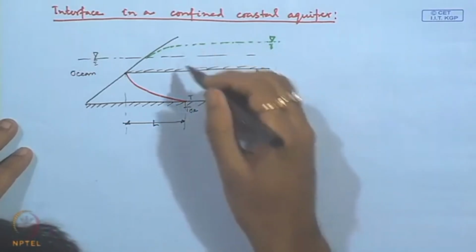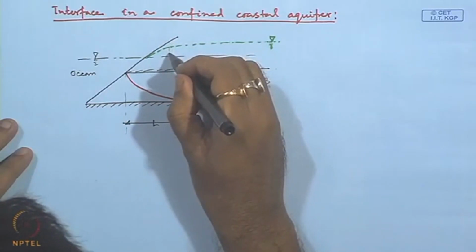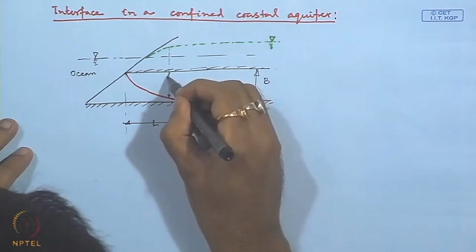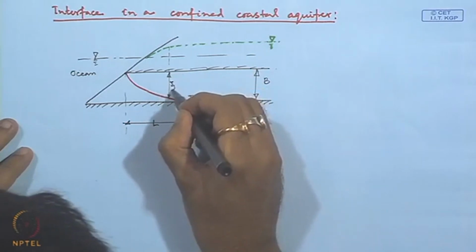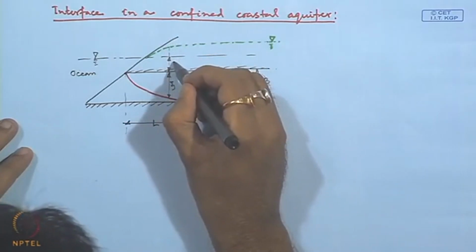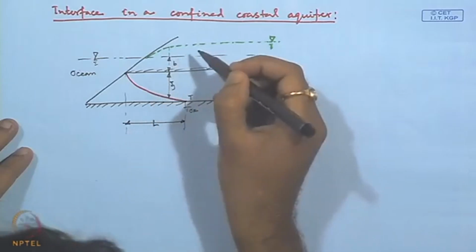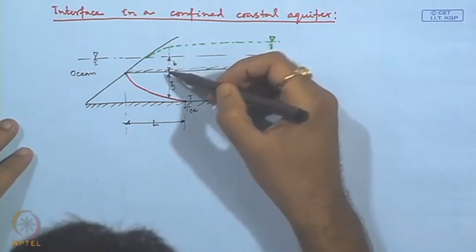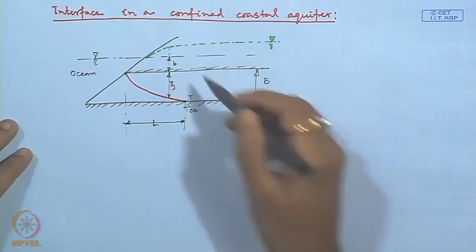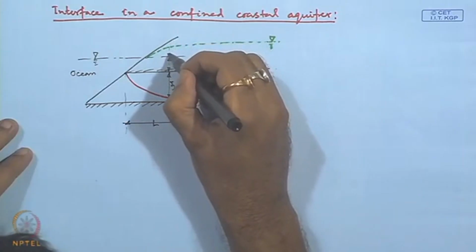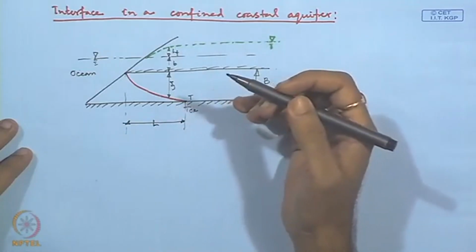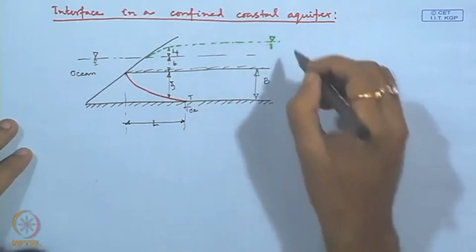So, for a particular location we have three different distances. First one we will denote with xi. Next one, this is the constant depth between ocean surface and the aquifer top, that is B, and this h_f is the freshwater head above ocean surface up to the groundwater table.